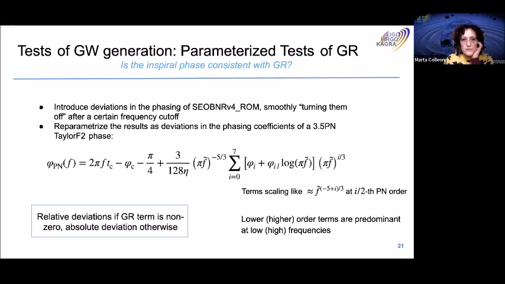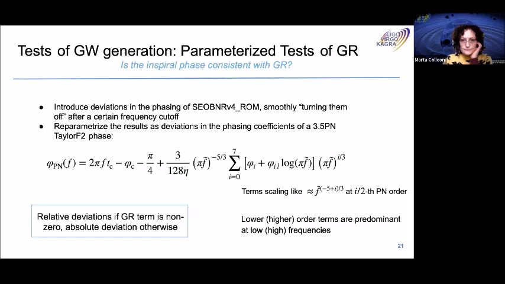And then we reparameterize the results as deviations in the non-spinning terms of a 3.5 PN TaylorF2 phase, for which we write the formal expression here so that you can see. We introduce relative deviations if the GR term at that specific PN order is non-zero. Otherwise, we work with absolute deviations.